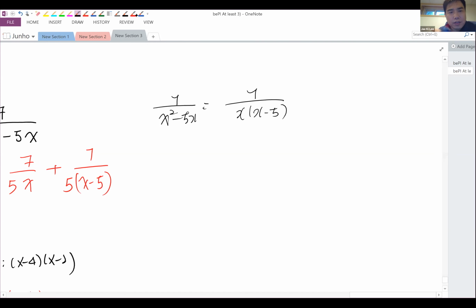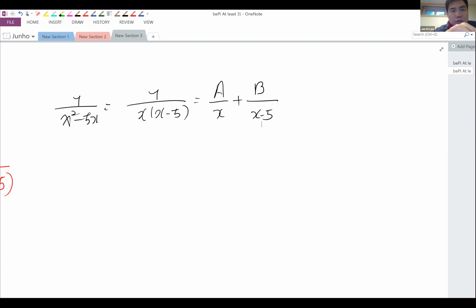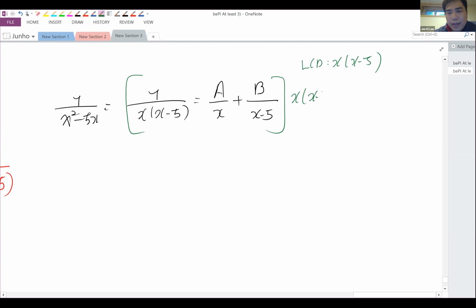Therefore it becomes a over x plus b over x minus 5. The same situation here. Before we do that, we find the LCD. The LCD becomes x times x minus 5. So you are multiplying x minus 5 to everything.